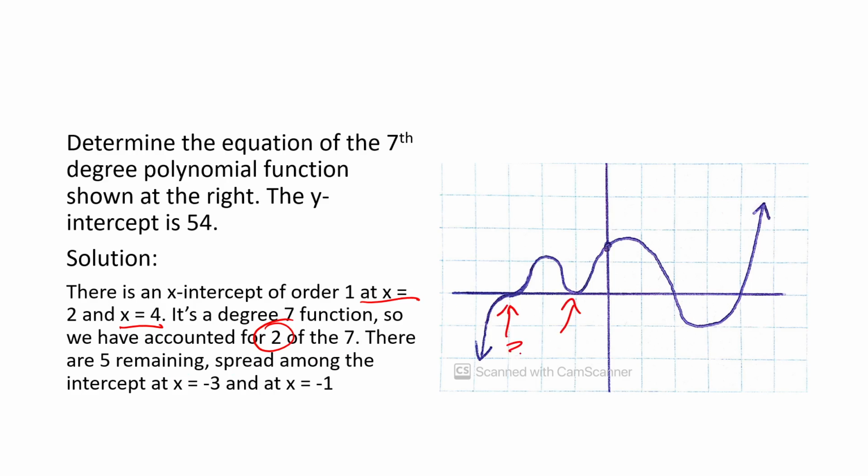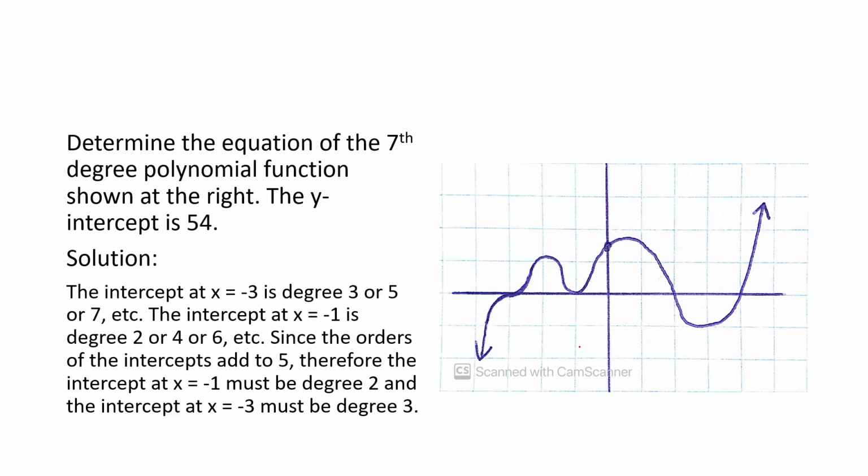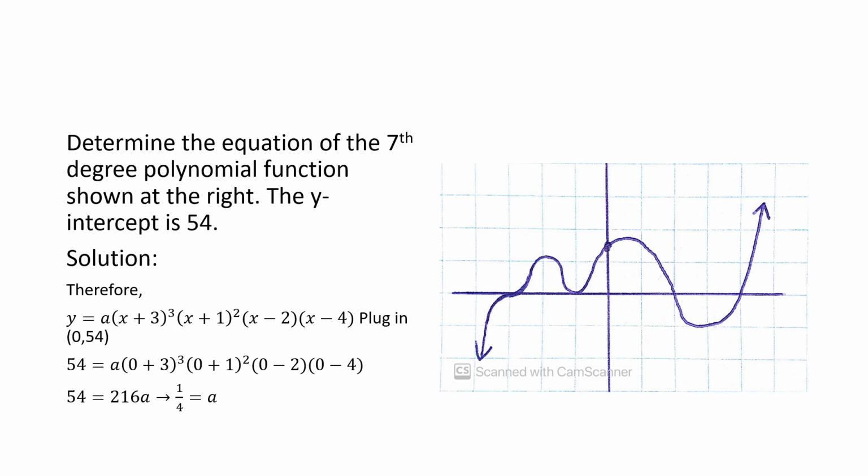So this must be degree 3 and this must be degree 2. Again, that's me just repeating what was said earlier. So what we get is the function y equals a times x plus 3 quantity cubed times x plus 1 quantity squared times x minus 2 times x minus 4.